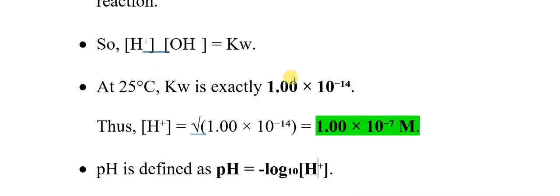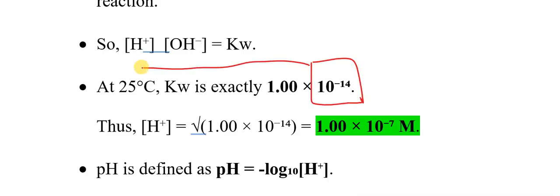If we divide 10 to the power minus 14 into two parts, one half is for the hydronium or hydrogen ion, and the other half is for the hydroxyl ion. For example, 10 to the power minus 7 is for the hydroxyl ion and 10 to the power minus 7 for the hydrogen ions.